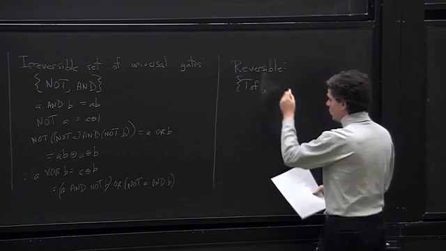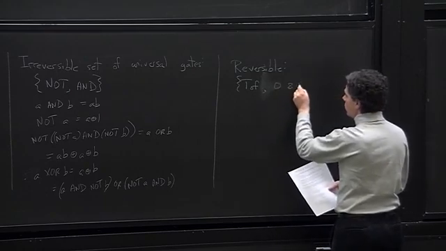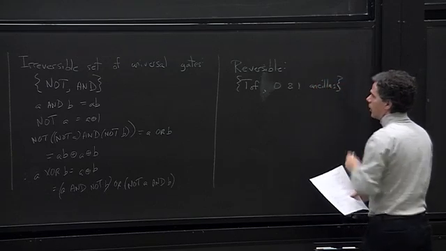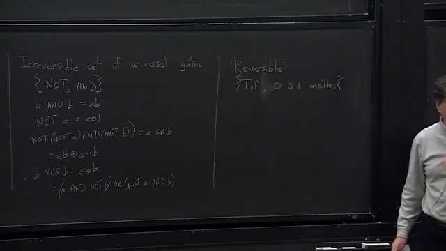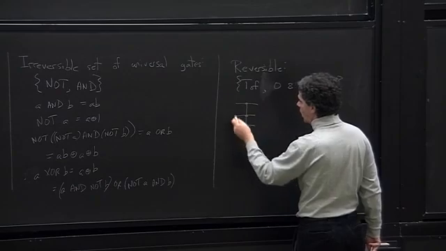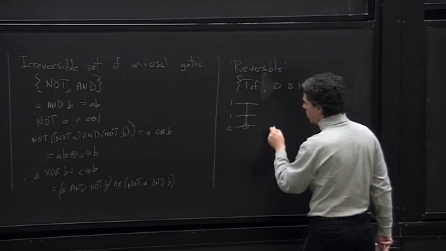And in particular, if we include the ability to create 0 and 1 ancillas, then the Toffoli gate can also do the NOT. How can it do that? Well, remember, it's a 3-bit gate. And so if we put in 1, 1, A here, what do we get out?